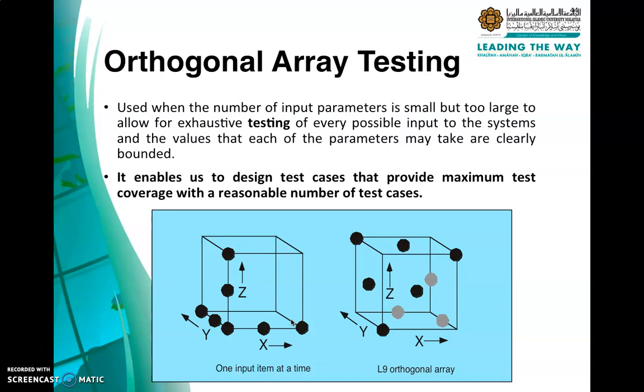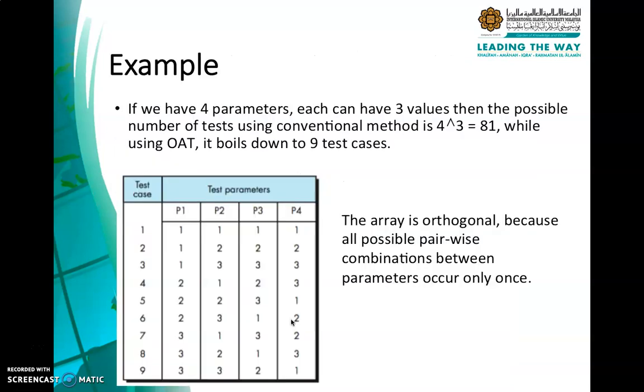But by using orthogonal arrays, we can minimize the number of test cases. Let's say in a particular module or function we require a set of parameters. Let's say we define 4 parameters, and each can have 3 values.